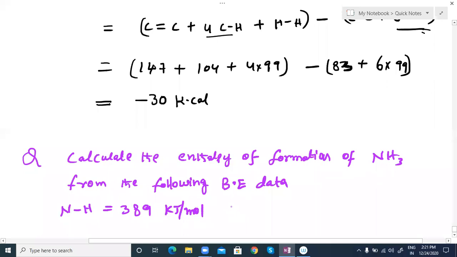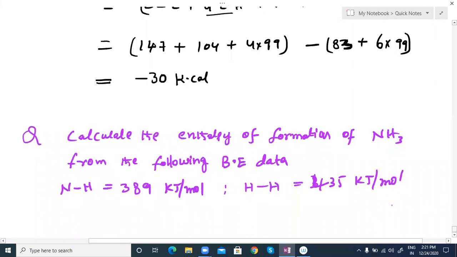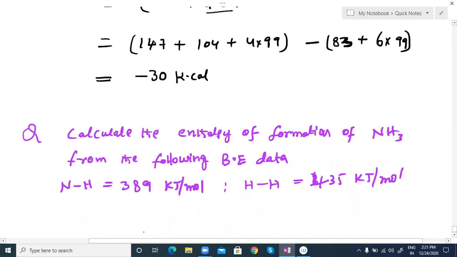Next, H-H bond energy: 435 kilojoule per mole. And triple bond N. Highest energy, since a triple bond means more energy. How much approximately? 945. Try to remember a few energies, this is more useful.